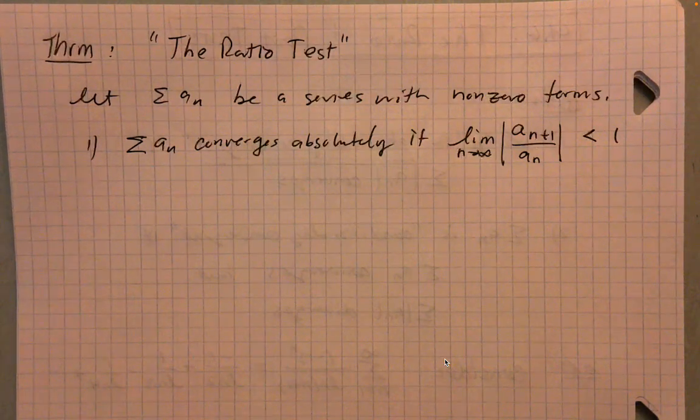So the series will converge if the absolute value of the n plus 1 term divided by the nth term, the limit as n goes to infinity of that absolute value, is less than 1. Then you get absolute convergence.